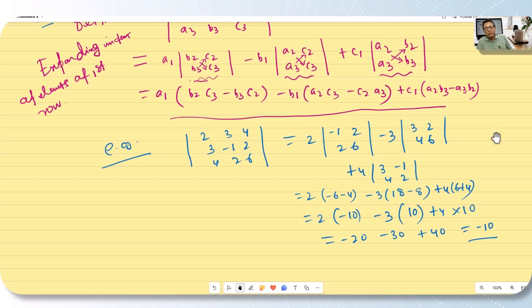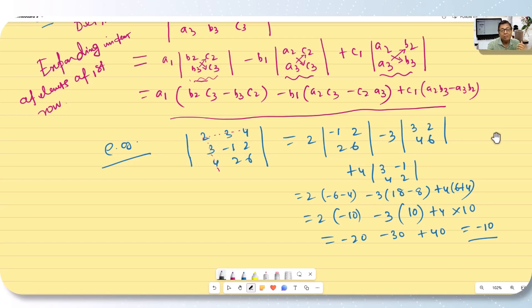A question arises automatically: what did we actually do there? When we took 2 here, I did not take this row and this column. I have taken this part only: minus 1, 2, 2, 6. Alternate plus minus, then minus sign here.